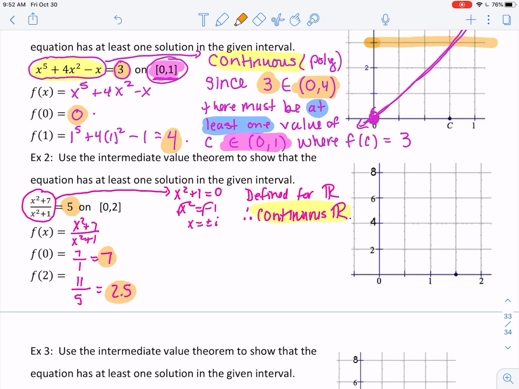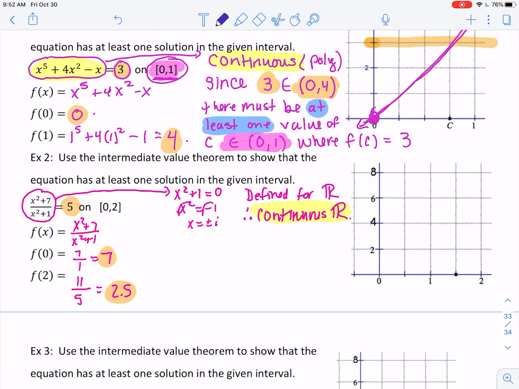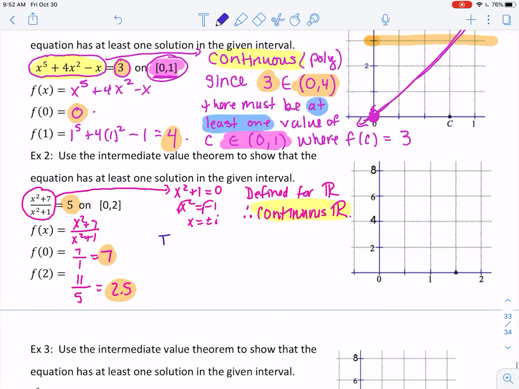It is. So now we're kind of ready to write our statement. So, sorry.